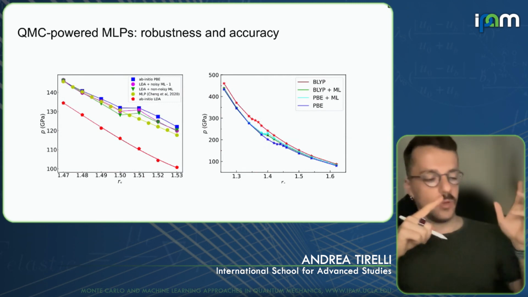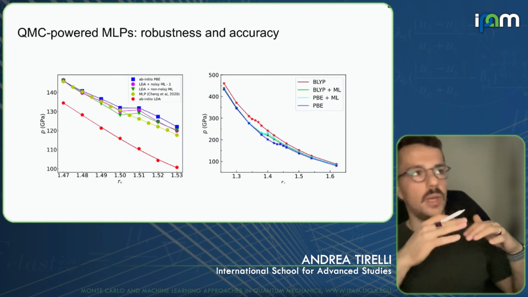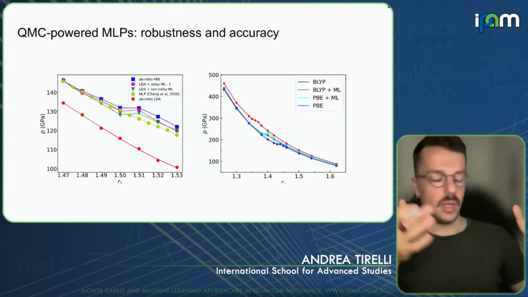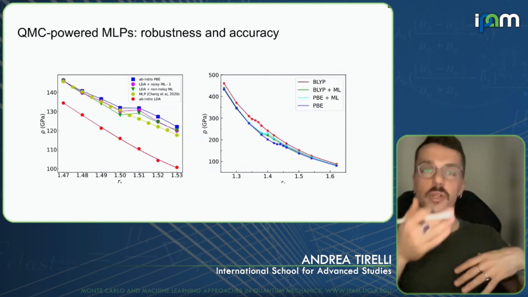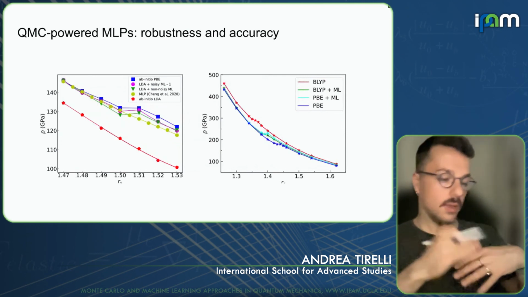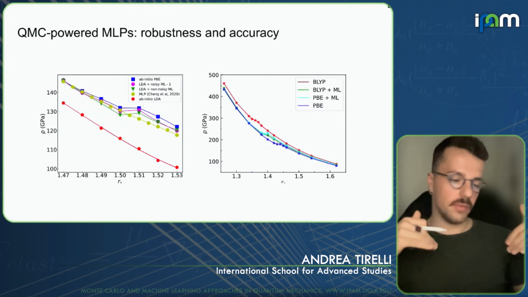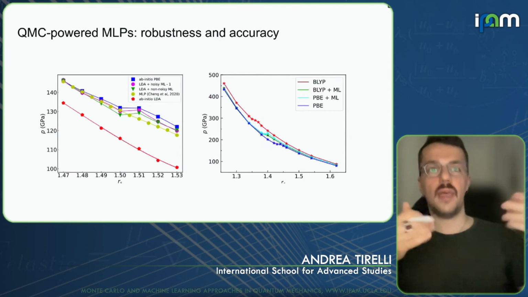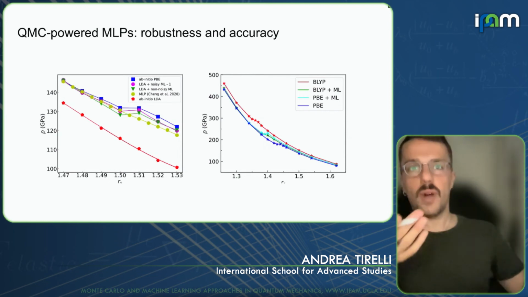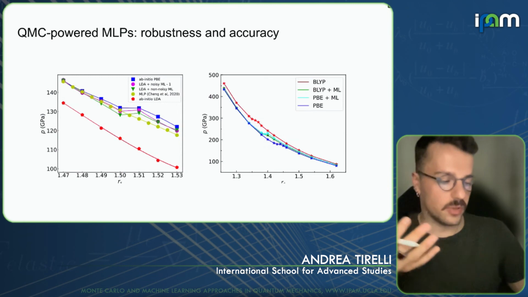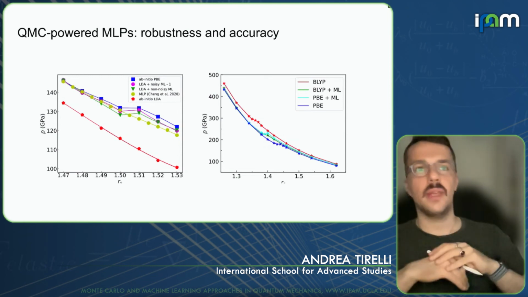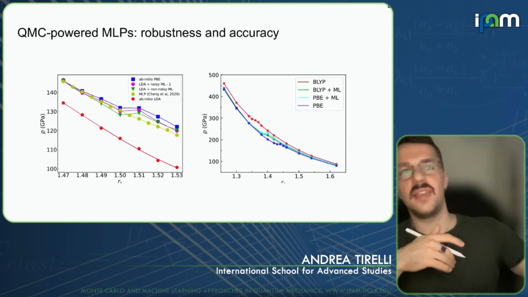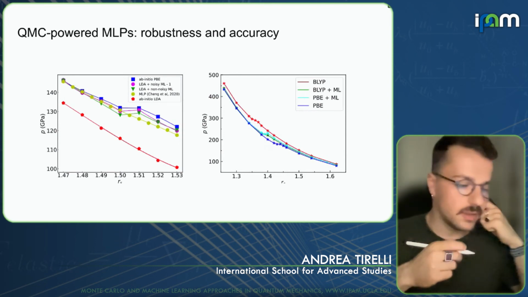And what we did was, if we want to apply delta machine learning, we start with an LDA functional, and then we try to learn the correction. So in order to go from LDA to PBE, the question is, is this correction good? Can we reconstruct the PBE physics starting from the LDA?